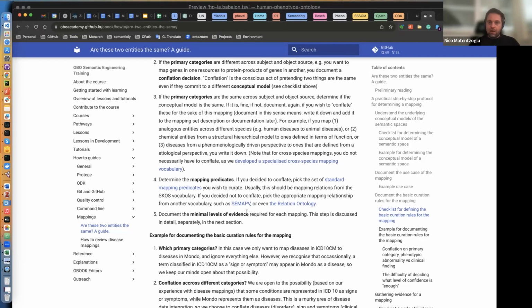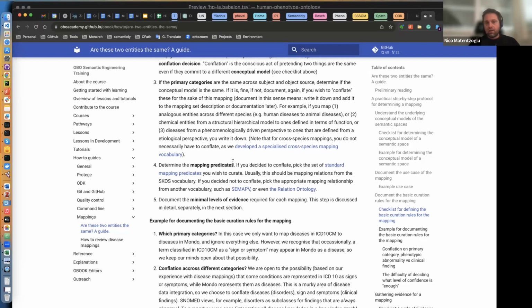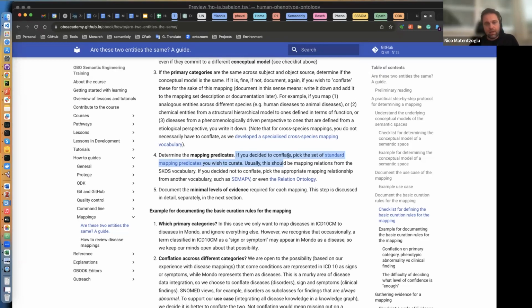If you decide you can conflate, you can. That's the good thing: you can just use standard mapping predicates. If you say I'm conflating these things, you can just use SKOS exact match, SKOS broad match, and so on. Another source of conflation, where sometimes we decide not to conflate, is mapping across species. If you map between MP and HP, for example, you may conflate or you may not.